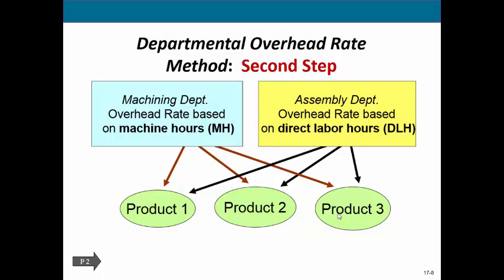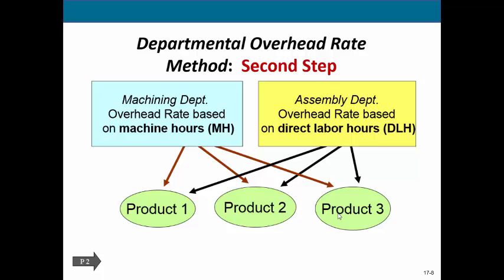So the decision on what to use as a driver is a decision based on management's understanding of your various departments, or when we get into activity-based costing, management has to understand what goes on within each activity, and then they'll use their discretion to identify what the appropriate driver is.